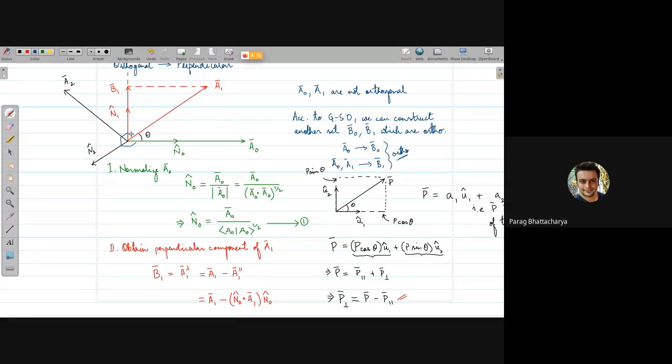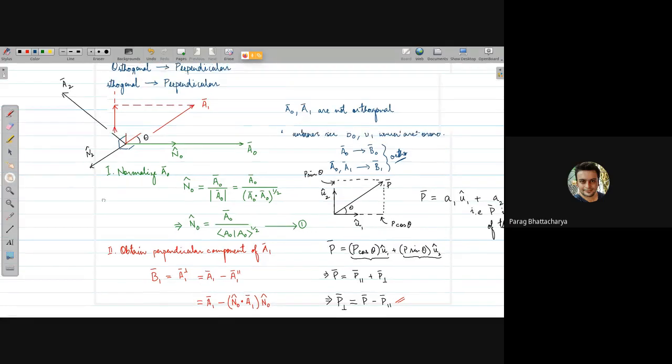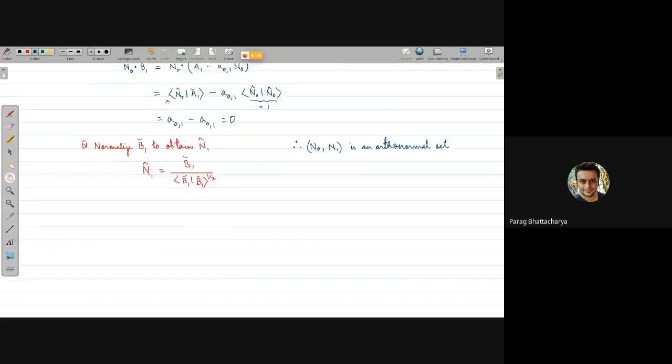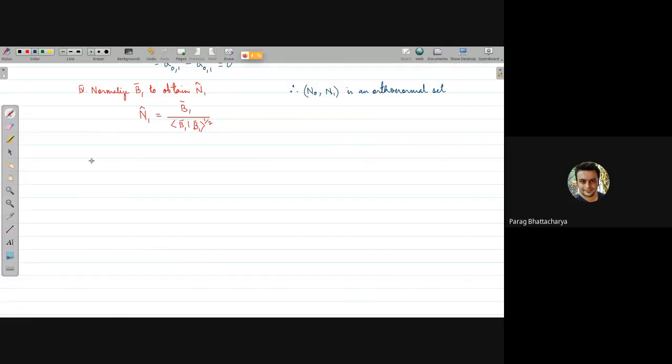From a1, how did we get n1? From a1 we subtracted the parallel component. In the same way, from a2 you subtract the parallel component. So how do you get rid of the parallel component from a2? Next, from A2, remove the parallel components.